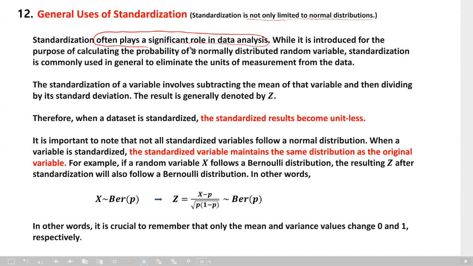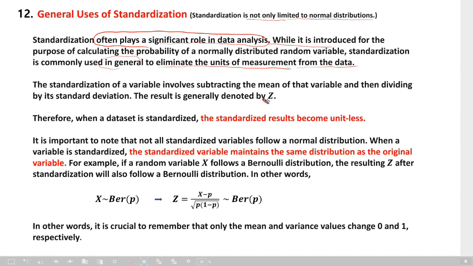It is a very useful tool because standardization was introduced for the purpose of calculating the probability of a normally distributed random variable, but it is commonly used in general to eliminate the unit of measurement from data.